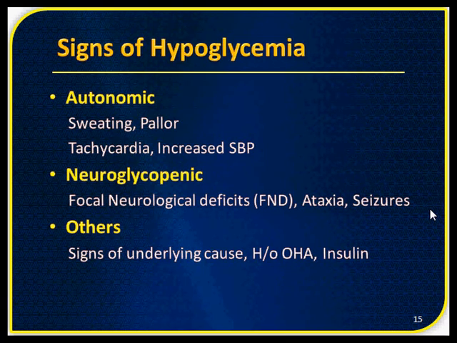Any patient who is convulsing, we should think of hypoglycemia if he is not a case of epilepsy. Others: signs of underlying causes, or a history of oral hypoglycemic agents or insulin being used by the patient, will be the clues that this is a case of hypoglycemia.